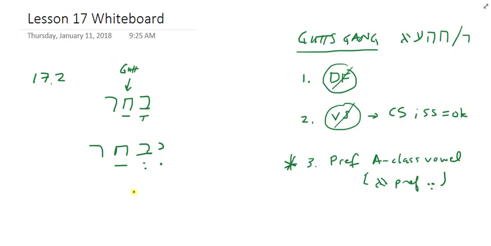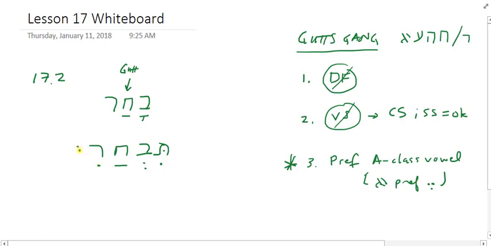Okay? Now, if you look at the 2FS form of tivchar, where I want to say you, woman, will choose, what has to happen? Not only does the yod have to change to a tav here, for you woman will choose, tivchar, but I'm going to add a hireq yod here. What happens to the resh when I add the hireq yod?